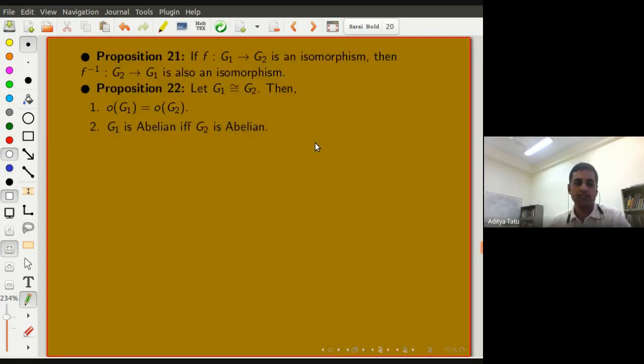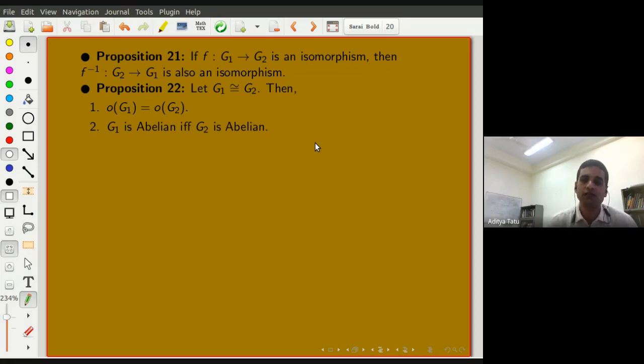Then what else? This is now sort of an interesting property. If one of the groups is abelian, then the other group has to be abelian. This is the first result where you see the importance of isomorphism. If I give you two groups to study, rather than studying them separately, if you can show that these two are isomorphic, then you can only look at one group.